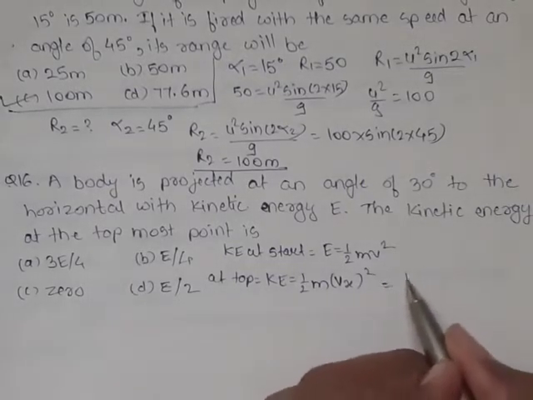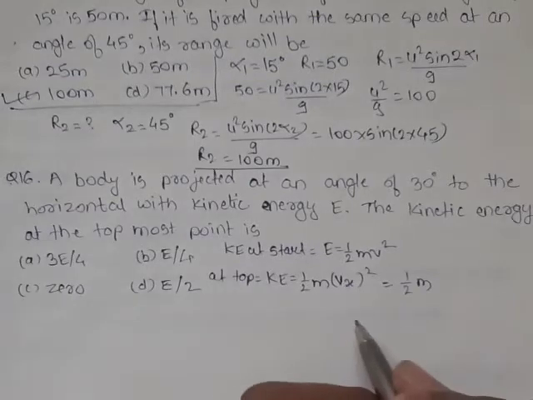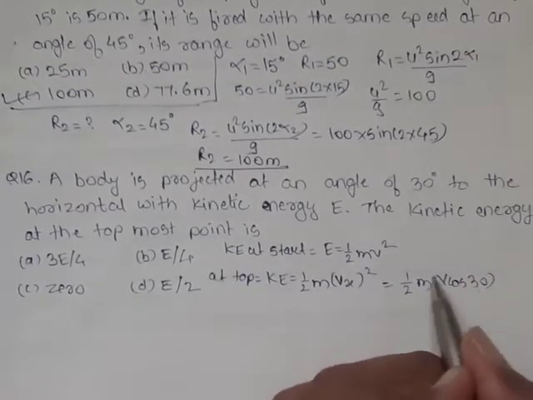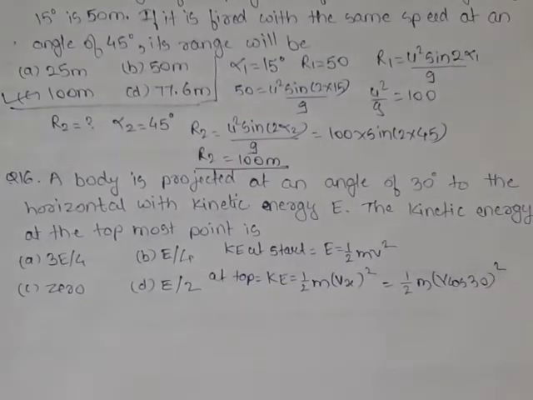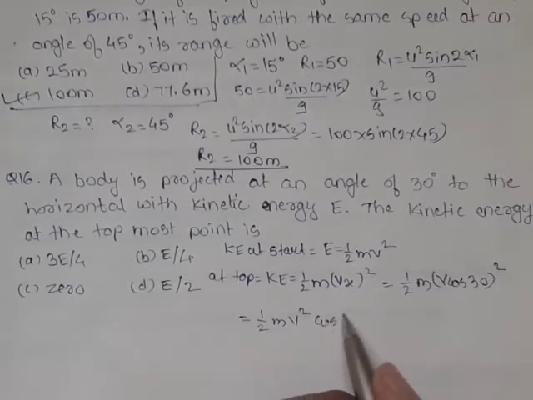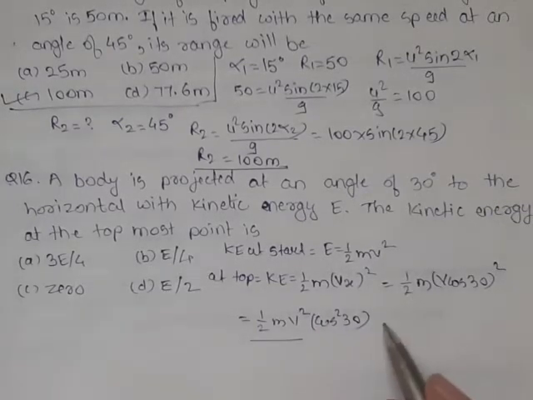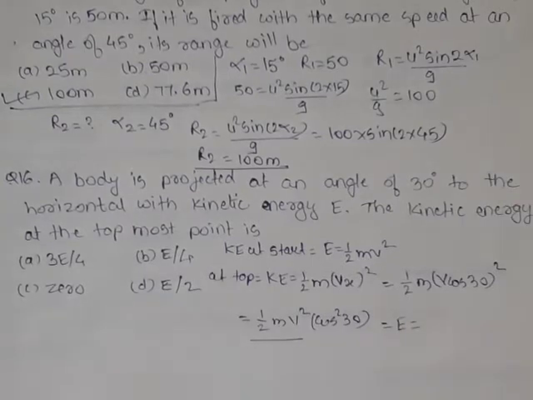So here it is 1/2 m, Vx is nothing but V cos 30, bracket square. So it becomes equal to 1/2 m V square cos square 30. Now we know that 1/2 mv square is nothing but E. And what is cos 30?